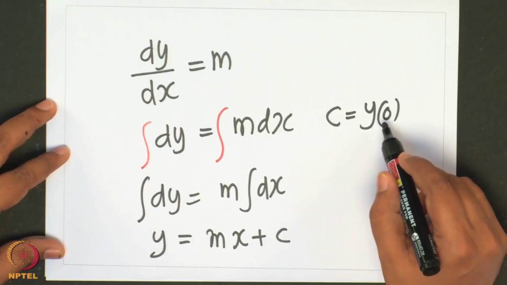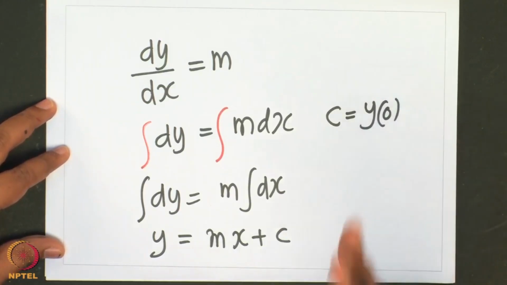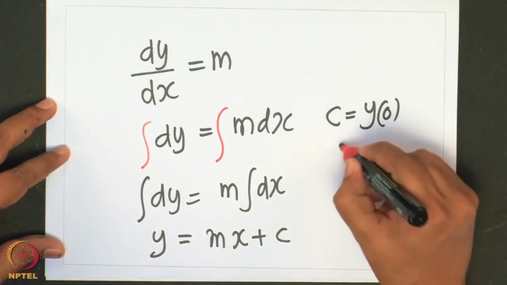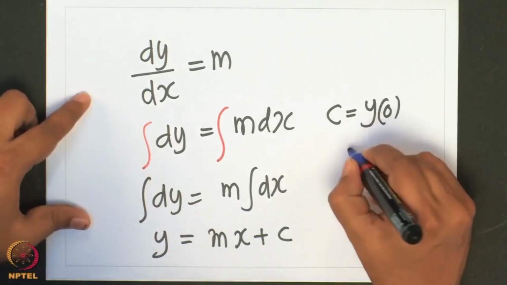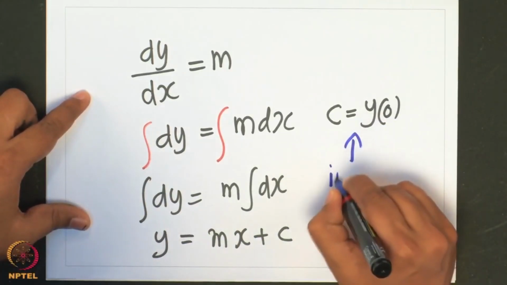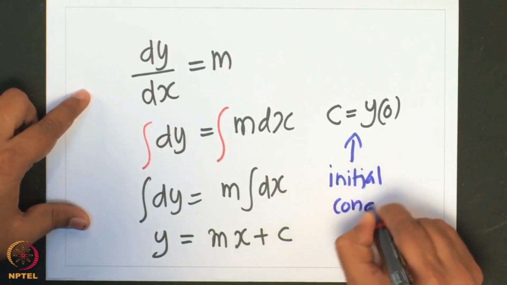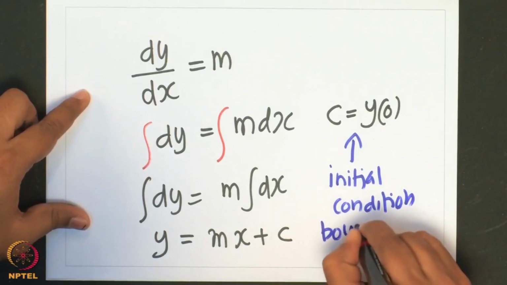It could be the initial position, or it could be a boundary at a particular position. So, this particular thing would typically be called an initial condition or a boundary condition.